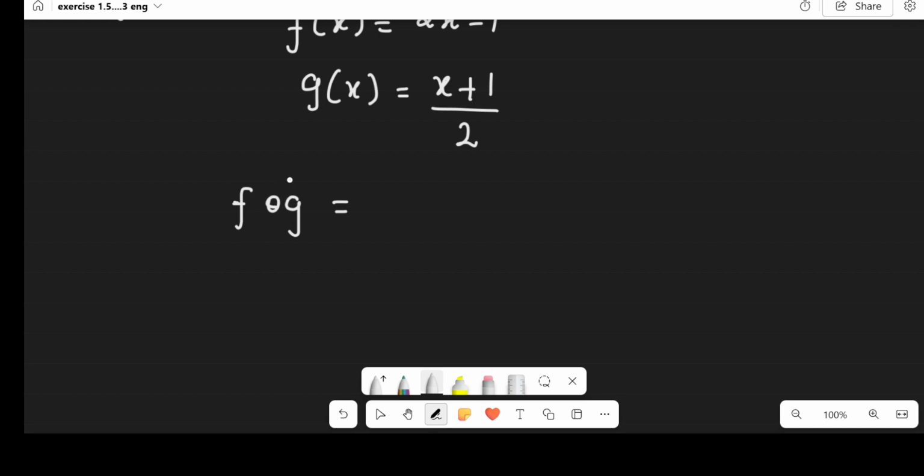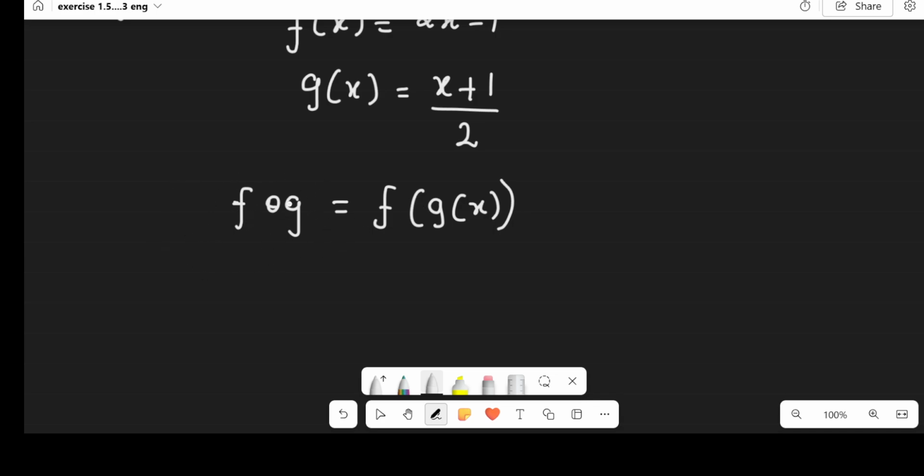What is the concept? That is composition of functions. If f is one function, g is one function, in the concept of composition of functions, what would be the expansion of f of g? We can write f of g of x. This is the simple expansion of f of g, right?